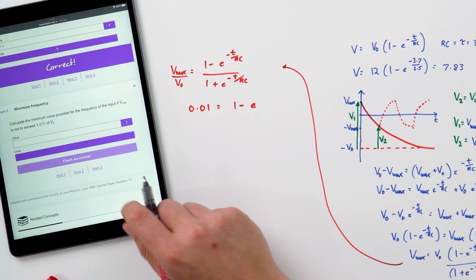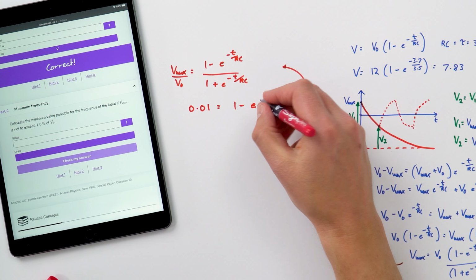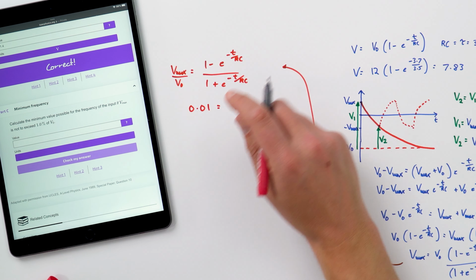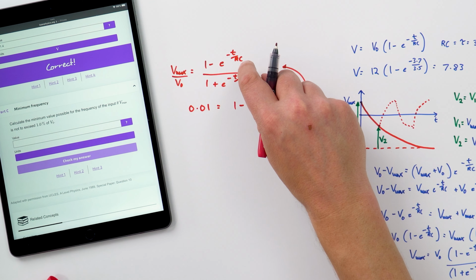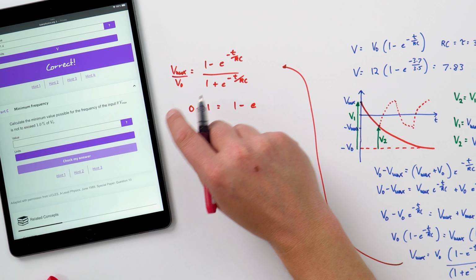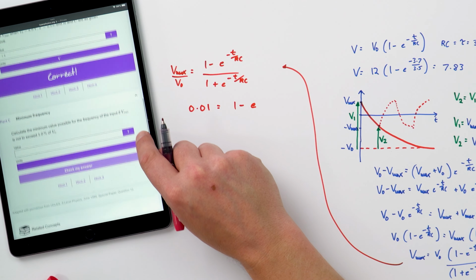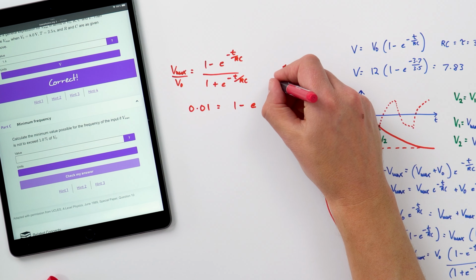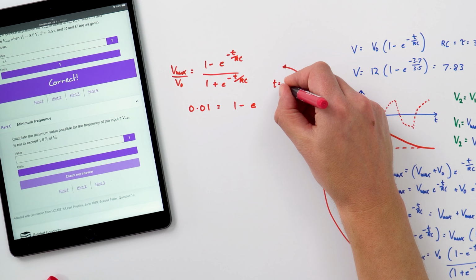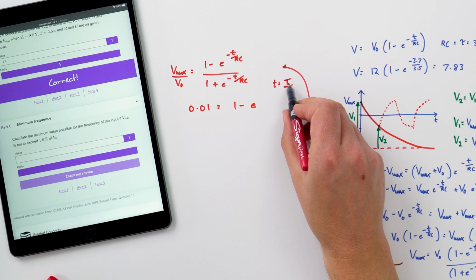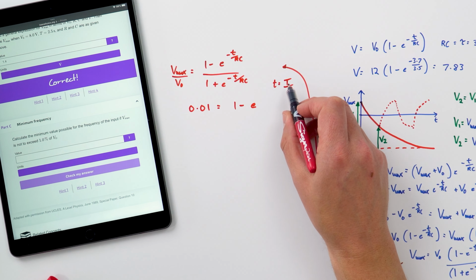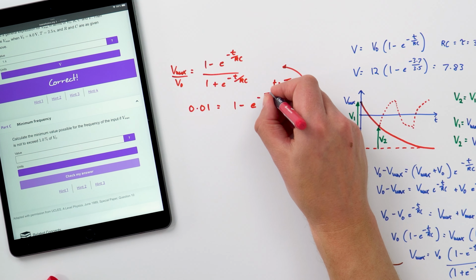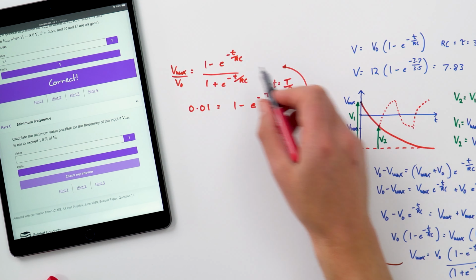Now, we don't know the frequency, we don't know the time, but the time is going to be equal to half of a wave cycle. So whatever the time is, it's going to be equal to T over 2, where T is the period of that one wave cycle we're after. So that's e to the minus T over 2 divided by RC, which is 3.5.